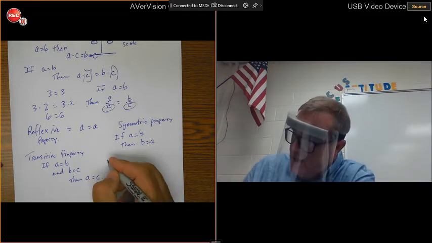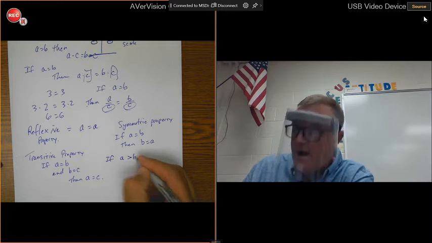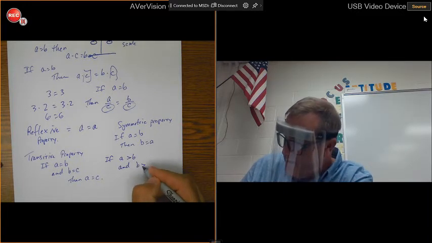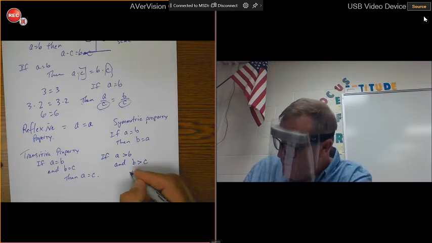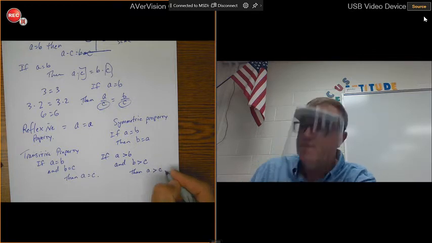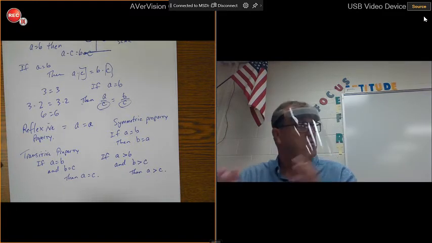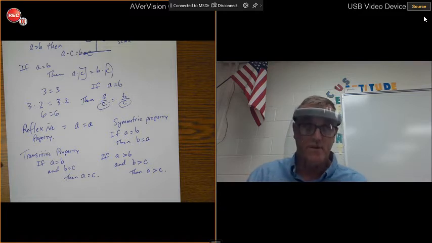So we could say if A is greater than B, I'm older than Maggie, and B is greater than C, Maggie's older than Keithan, then I am older than Keithan. So the equality of it works, but so does the inequality. The transitive property works all the way down. All right? Any questions there?